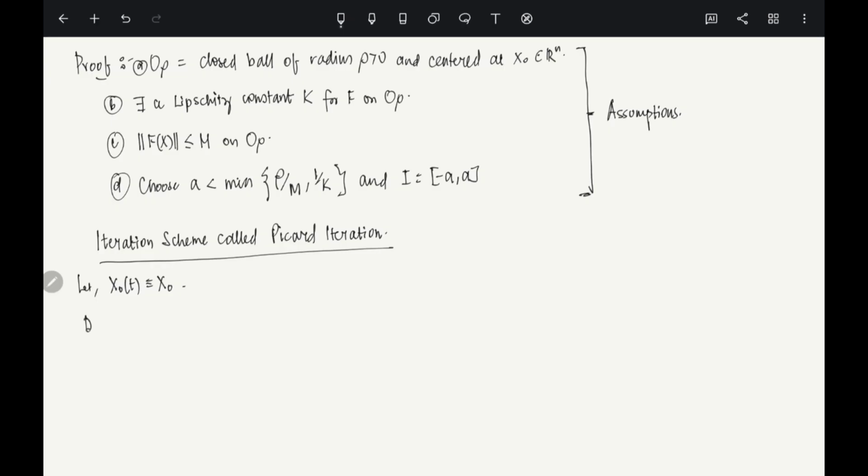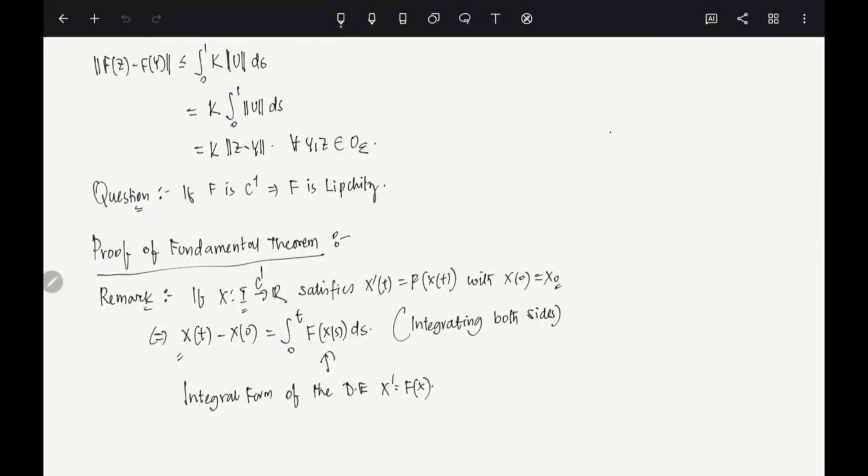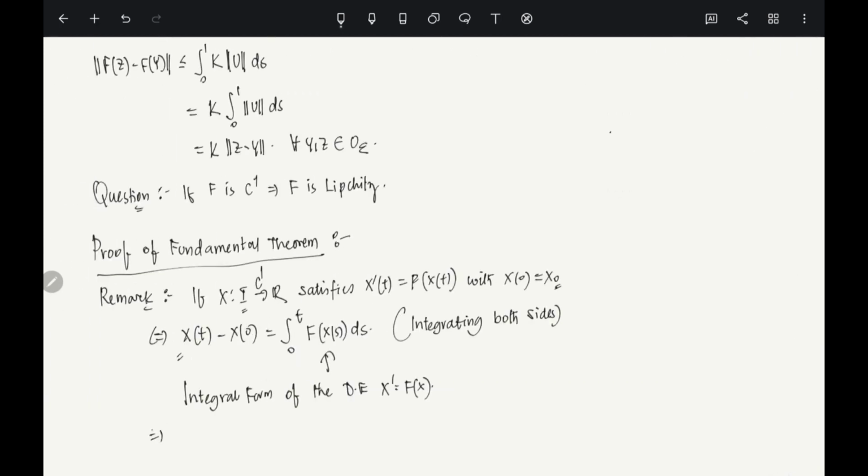Now define the next approximation, x1 of t. How do you define it? I want my approximate functions to satisfy x at the point t minus x0 equals the integral from 0 to t of f of x of s ds. We actually want this. You can write this as x of t equals x naught plus the integral from 0 to t of f of x of s ds.